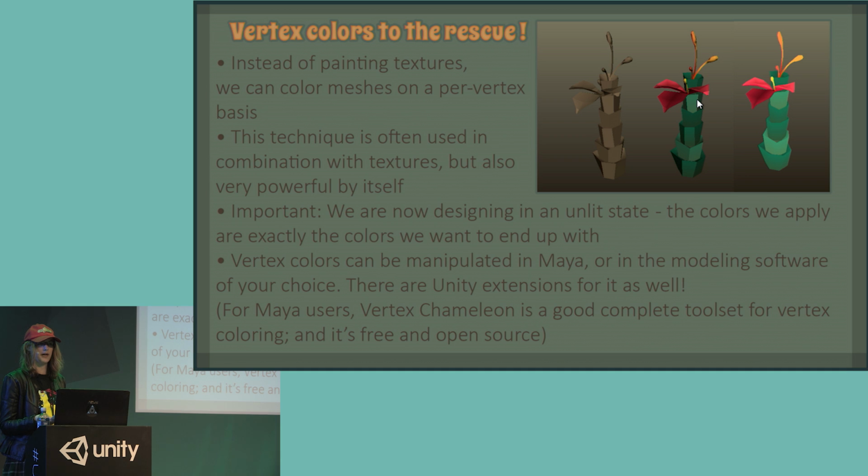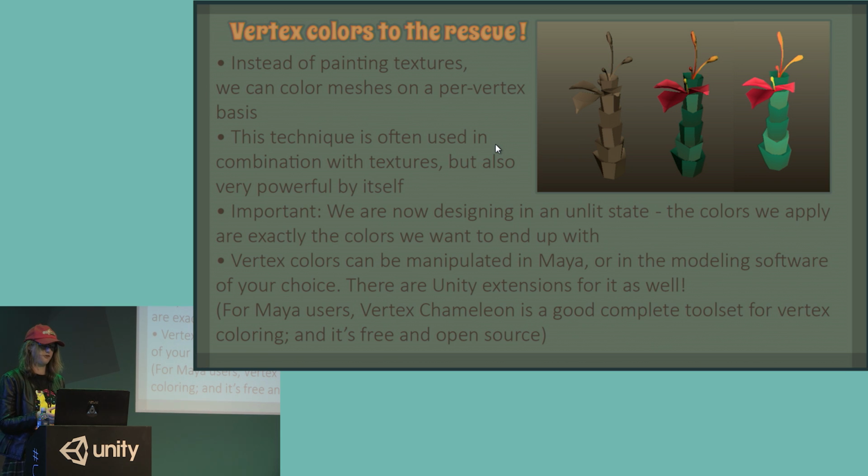So we're going to be in Maya world for a bit now, because that's what I use to make assets, but the basics of this work pretty much anywhere. Maya lets you assign vertex colors.